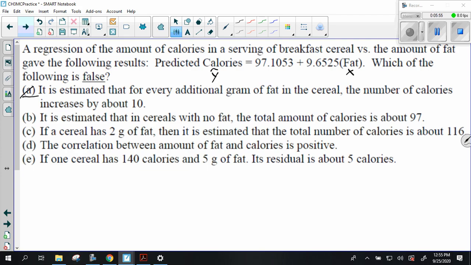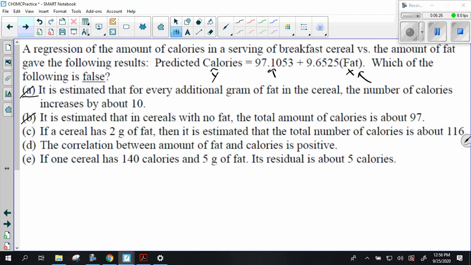It's estimated that in cereals with no fat, the total amount of calories is about 97. And that's going to be true as well because if we let fat equal 0, then all we're going to have left is this y-intercept. So that's also true. If a cereal has 2 grams of fat, then it is estimated that the total number of calories is about 11.